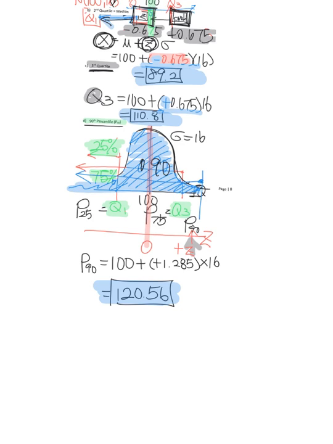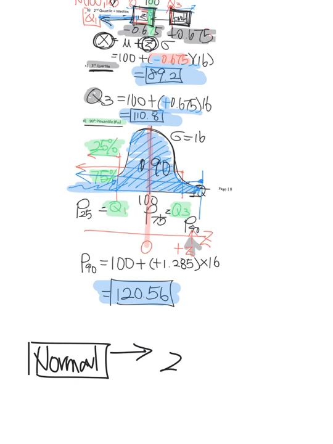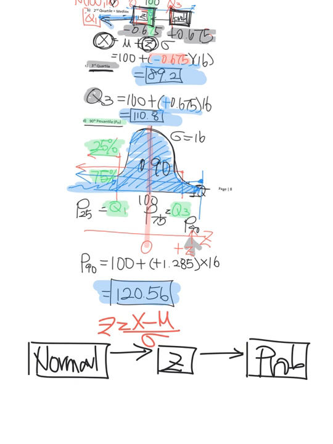So now we have any kind of normal distribution. We took the z-score, how? z equals x minus the mean over sigma, the standard deviation. Then take the probability from the z table.